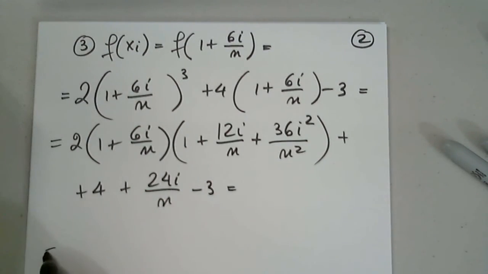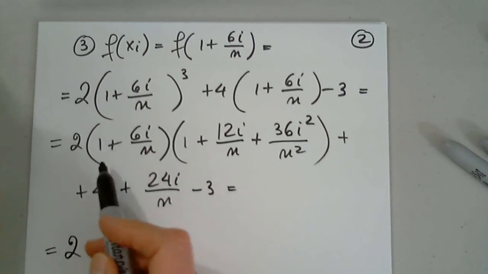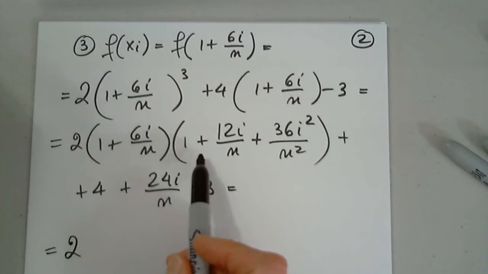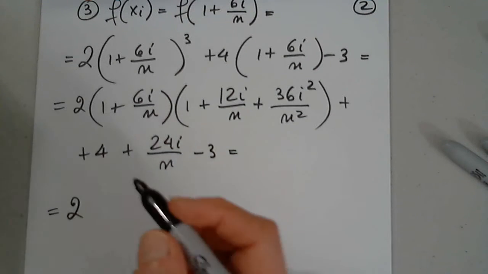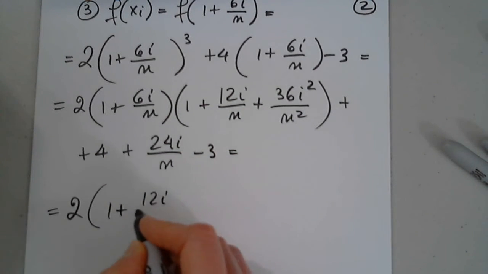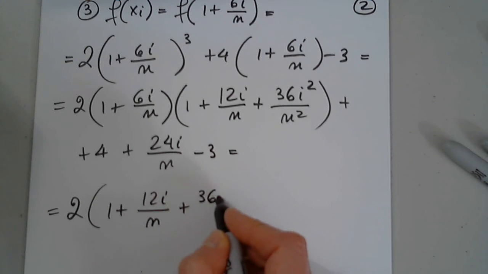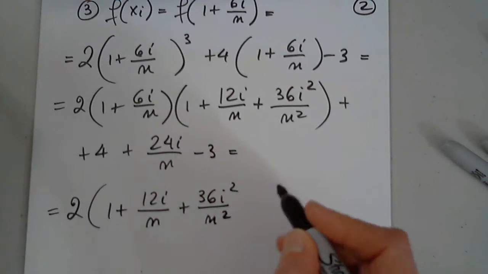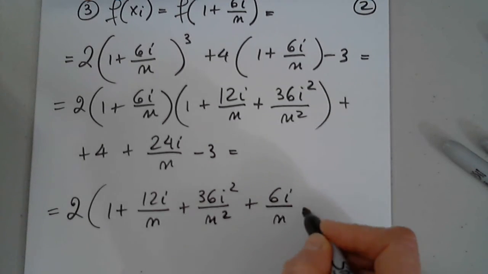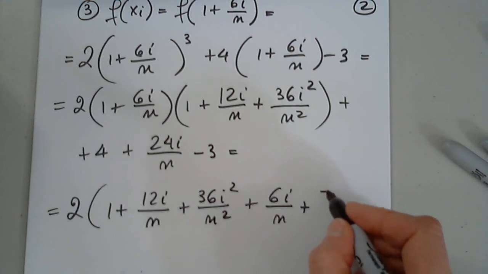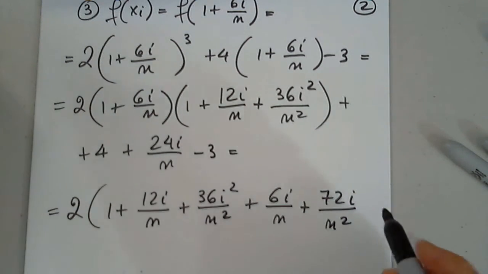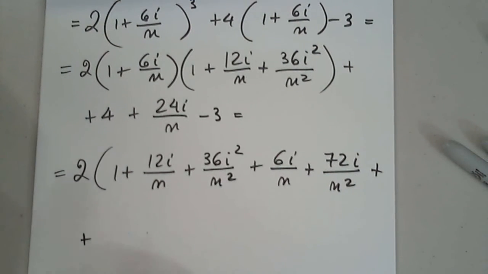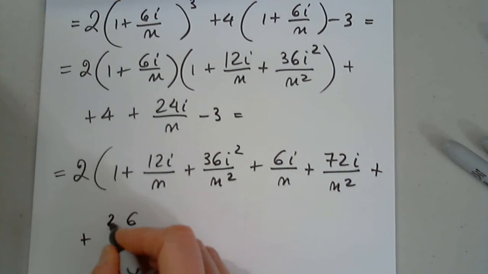Okay, so now I have 2 in front. I have to distribute 1 to these 3 terms and 6i over n to these 3 terms. And then simplify as much as possible. 1 plus 12i over n plus 36i squared over n squared plus 6i over n plus 72i over n squared plus 216, I think, i cubed over n cubed.